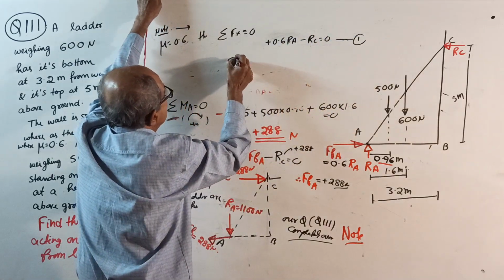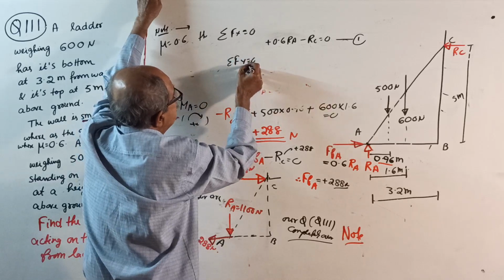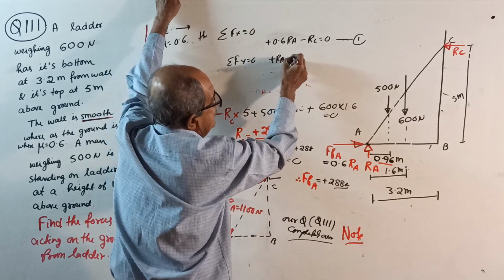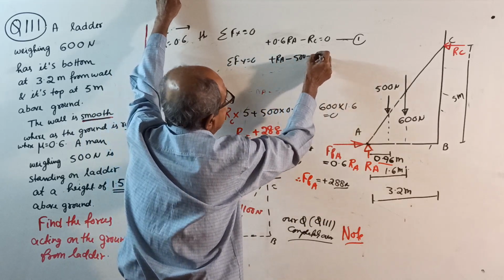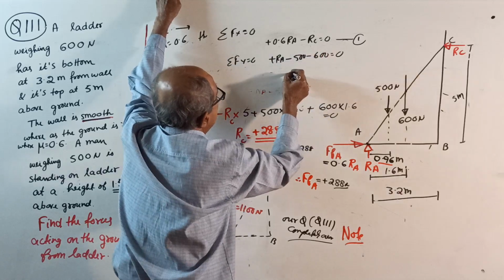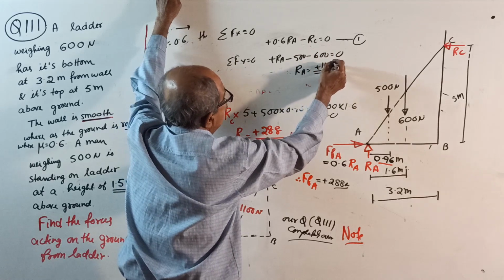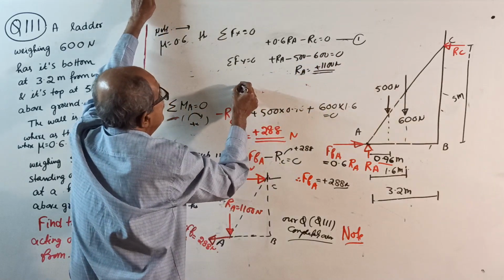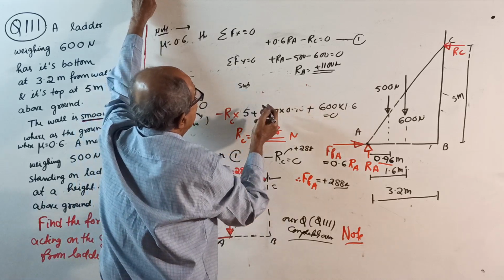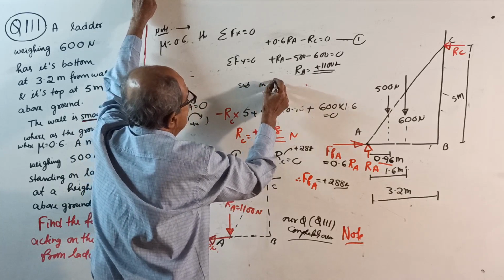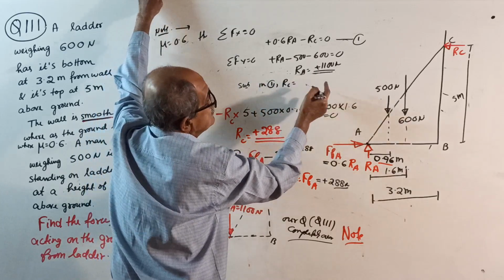Then sigma Fy equal to 0, upward positive: plus RA minus 500 minus 600 equal to 0. Therefore, RA will come plus 1100 Newton.